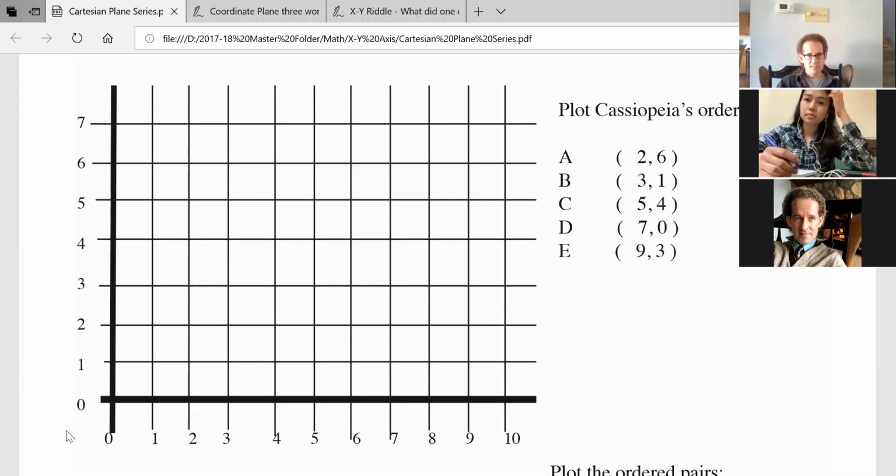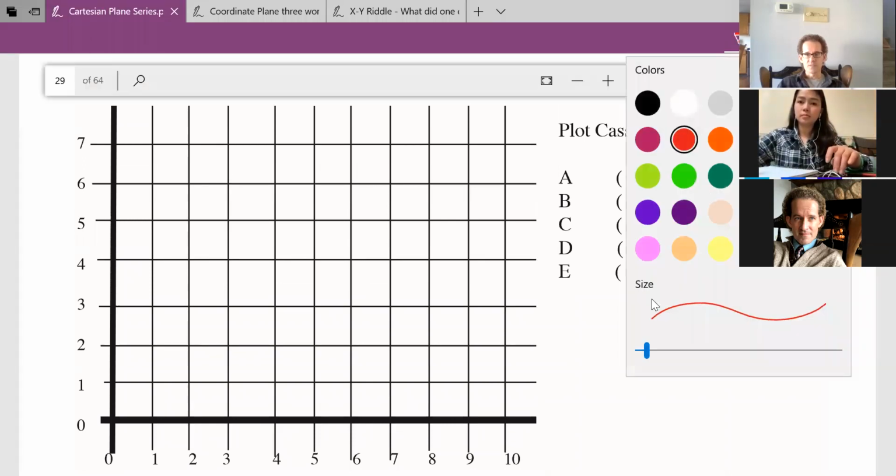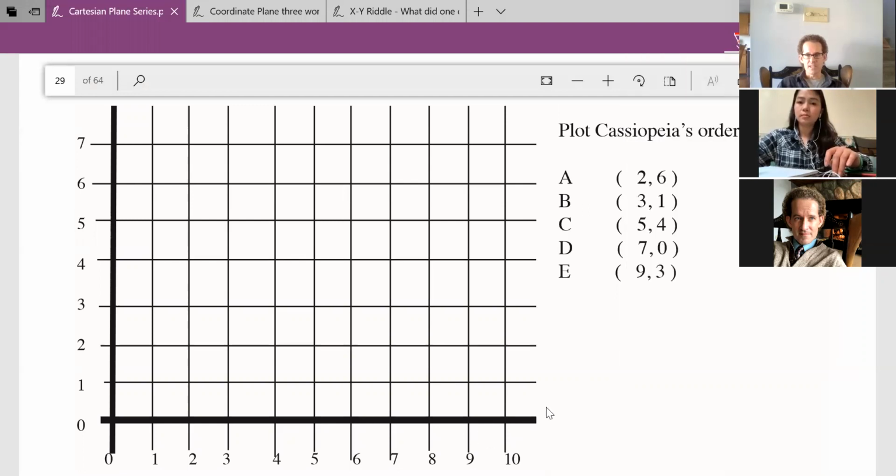So x is this horizontal line here. So I'm going to put x right here just to kind of help review that. Let's pick a fine tip. All right, so I'm going to write x here. And then the vertical line is y. This is y over here. So this is quadrant 1, everything within here.